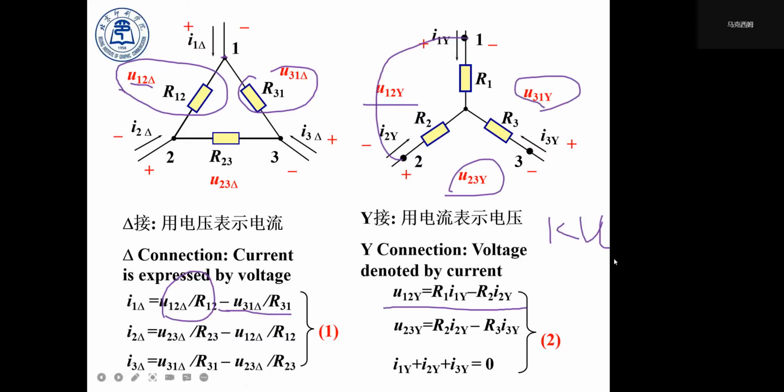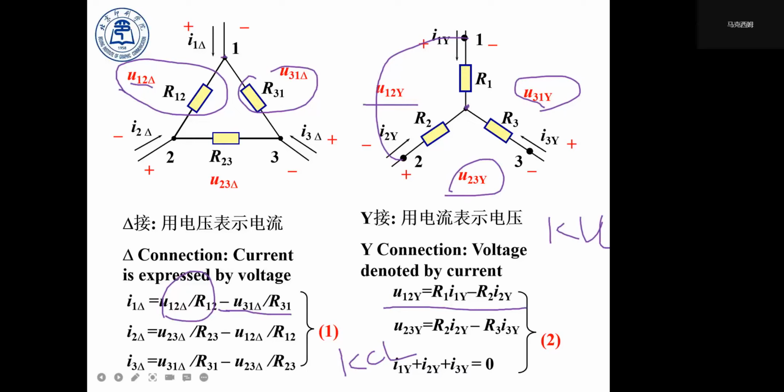We also know that at the center point, KCL must hold, so all 3 currents added together at any moment must equal 0. So this is the relationship between the terminal current and the voltage in the Y-shaped network.